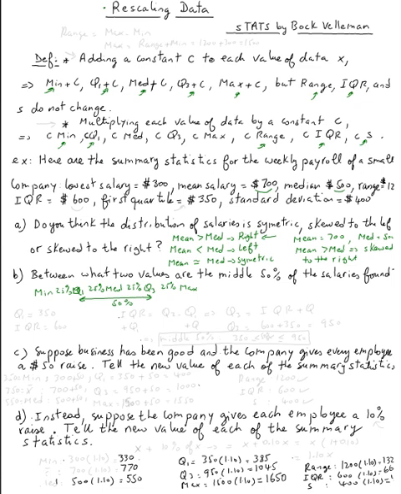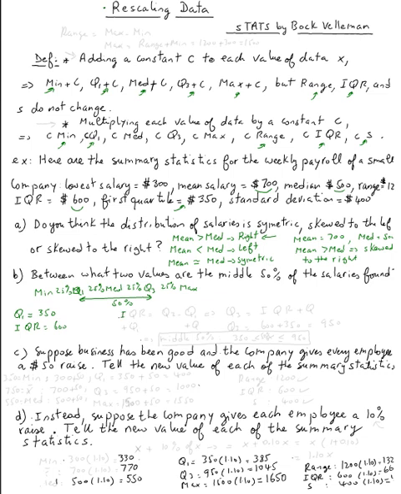But let's see if we have Q1 and Q3. We have Q1, so we know that Q1 is equal to 350. Q3 is not given, however, the IQR is given. IQR is right here, 600.